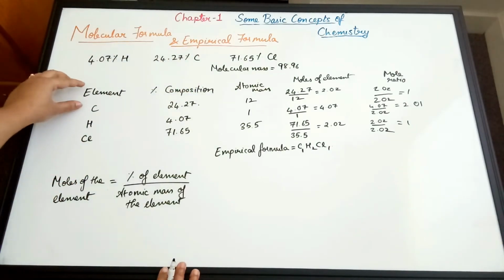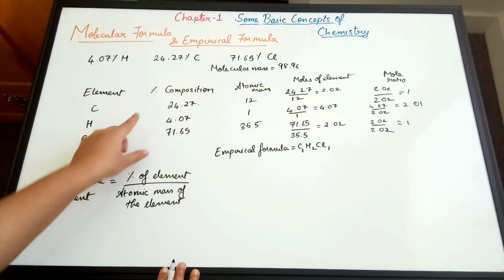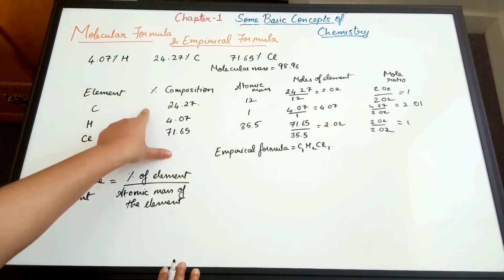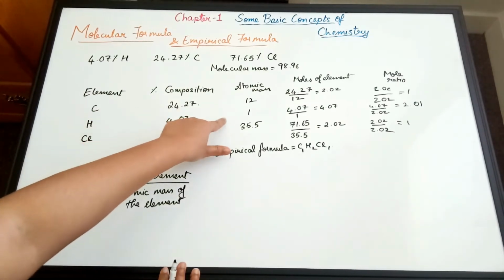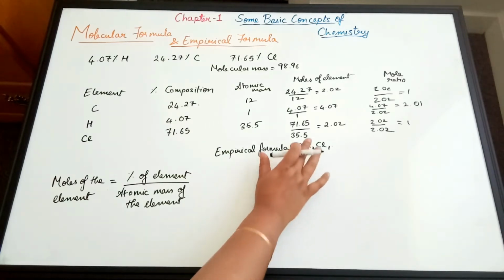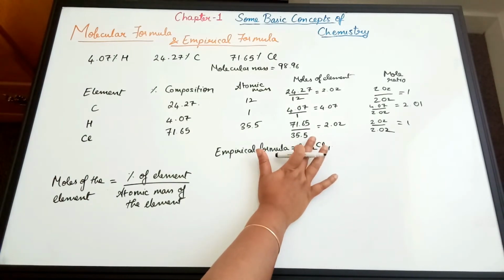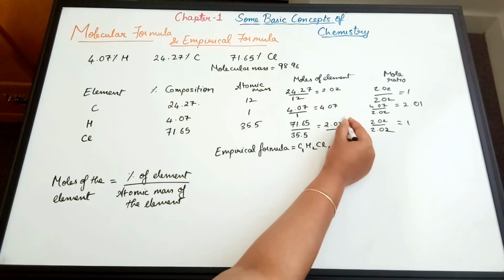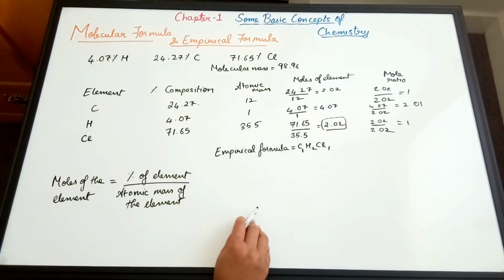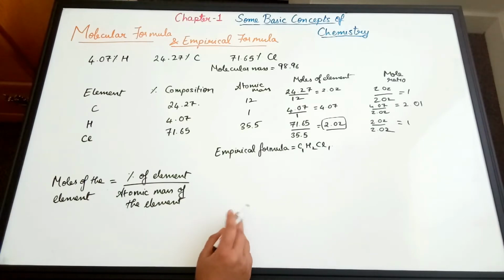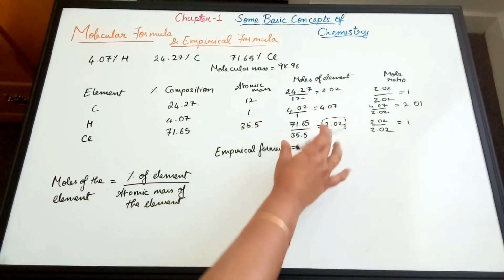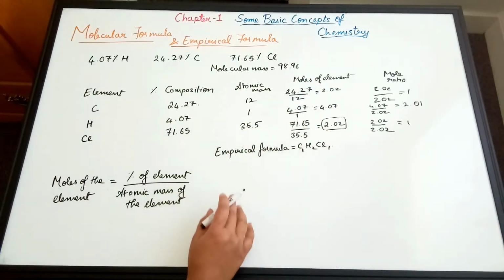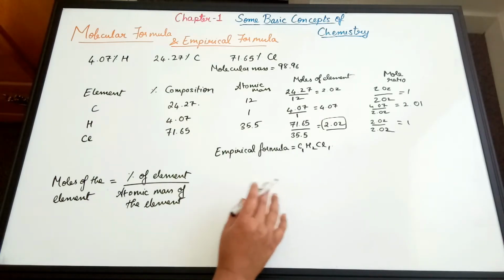Now, we are taking the individual elements and the percentage compositions. The percentage composition divided by the atomic mass will give us the number of moles of that particular element. And we are taking the smallest number, in this case 2.02, and dividing all the 3 values by 2.02 to get the mole ratio.